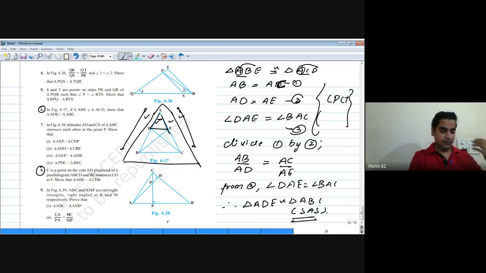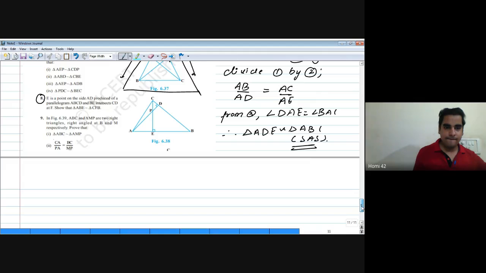Is it done? Do you want me to explain? Are you getting what the diagram of this question will be? Okay, let me give you a hint when it comes to the diagram. E is a point on side AD.